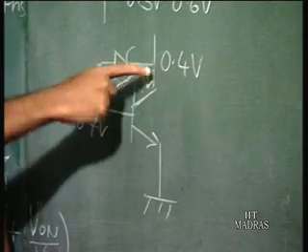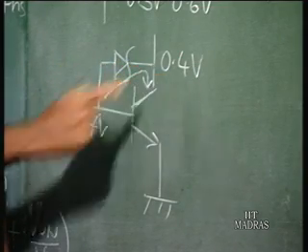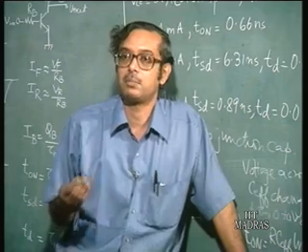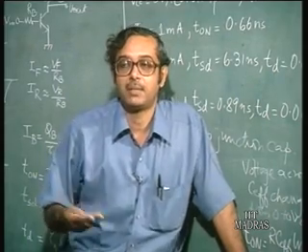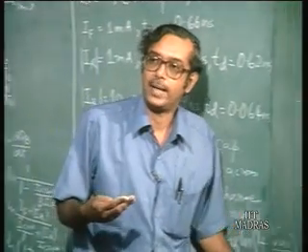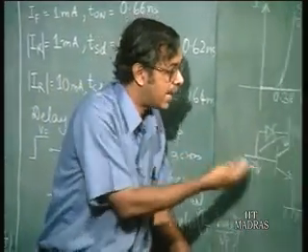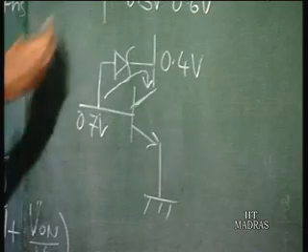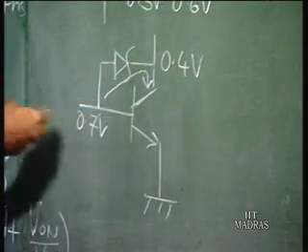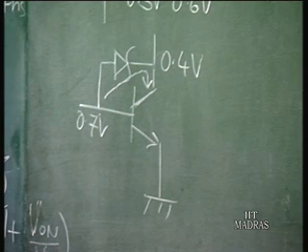So, this collector voltage becomes clamped to around 0.4 volts, or maybe it may go down to 0.3 volts, but it cannot go down below that. And this is actually serving as a bypass path for the excess base current, and the base charge cannot build up any further.